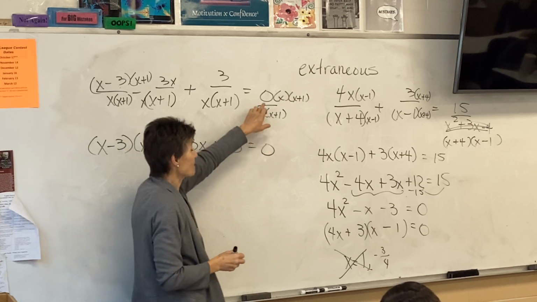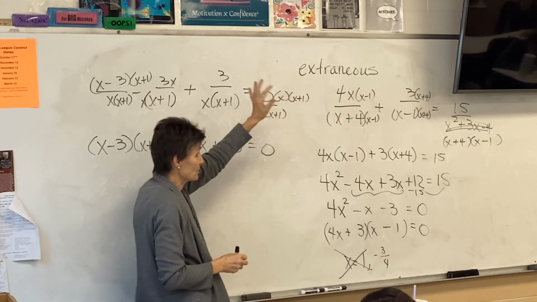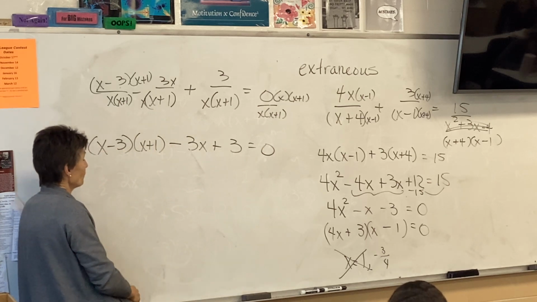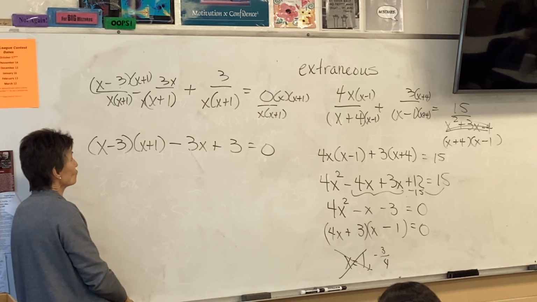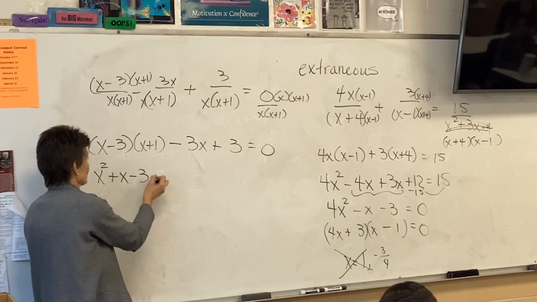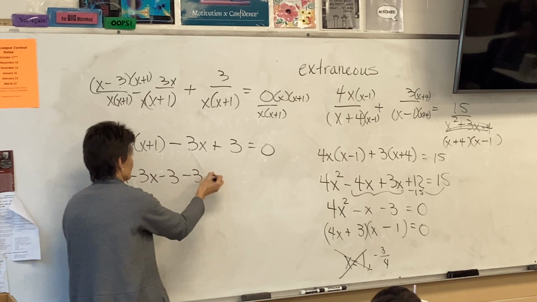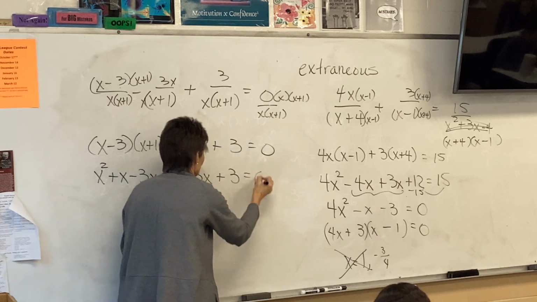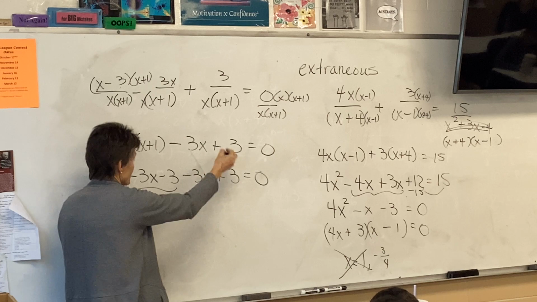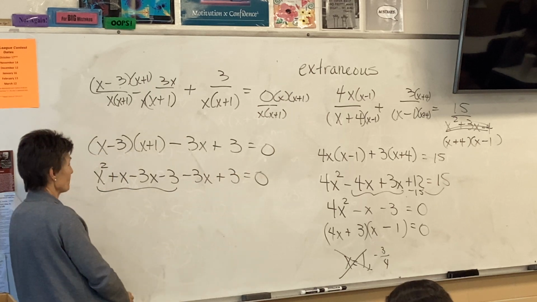If that had been some other number, then I would need to do it too, but 0 is special. All right, what do you think now? Foil. Okay, so here's my foiling, and then I still have my minus 3x and my plus 3.